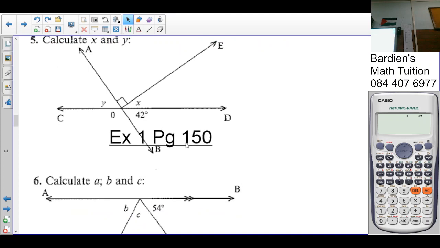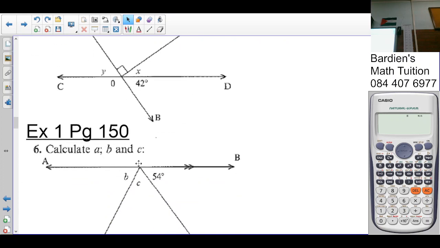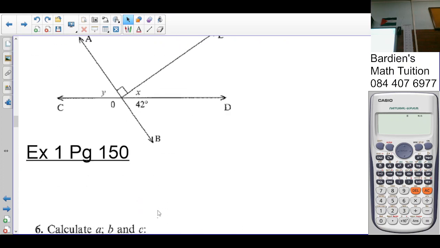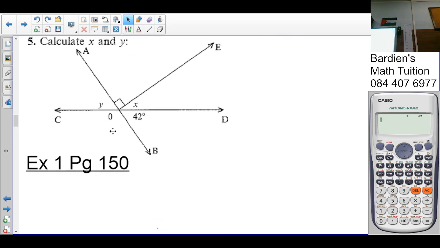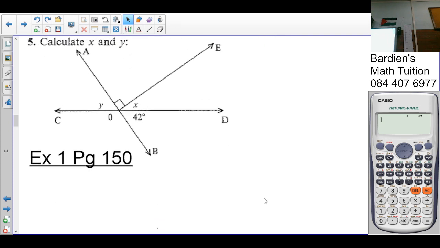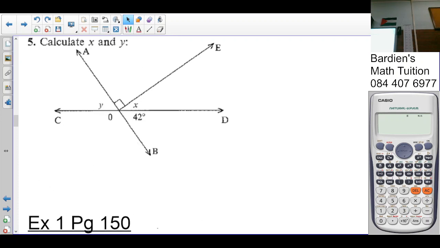Number 5. Where do you start here? What does this mean? Is this 0 degrees? No, what is that? Angle. You see this vertex, this is called a vertex.